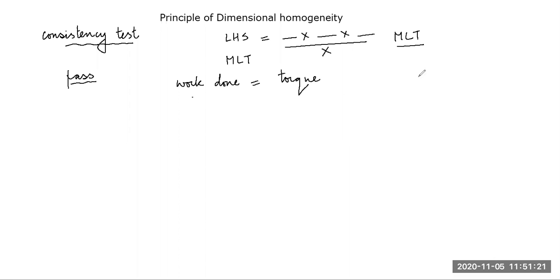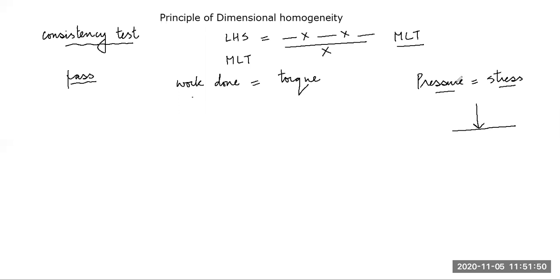Now I may also write pressure is equal to stress. Both the equations are wrong because pressure is not stress. The stress can be pressure if the forces are applied perpendicular to the area. But if the forces are at an inclined angle, then that doesn't constitute pressure.